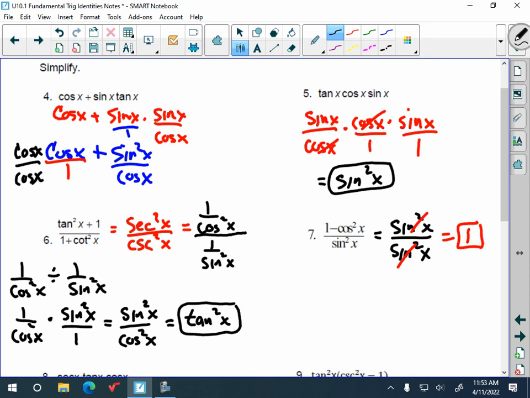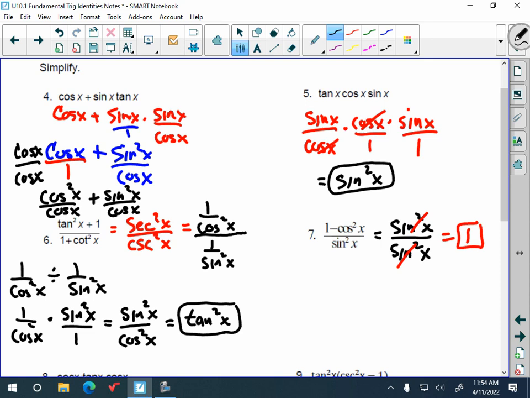So then I get cosine squared x over cosine x plus sine squared x over cosine x. All I did was multiply the cosines on top together, and multiply cosine times 1 on the bottom. Now I can add these two fractions together by turning it into one fraction, carrying the denominator across.